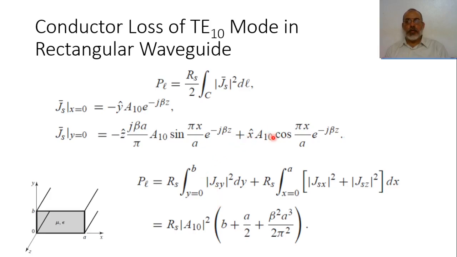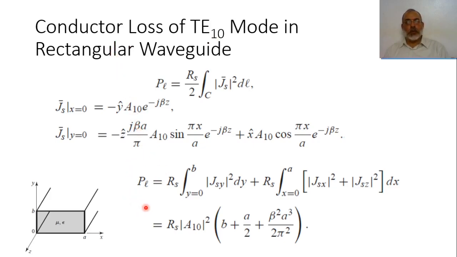The other term would be a over 2 multiplied by beta squared a squared over pi squared, so it would be beta squared a cubed over pi squared. This actually was beta squared a squared over pi squared multiplied by a over 2. So a multiplied by a squared would be a cubed, and this is 2. So this is the power losses for the TE10 mode, or this is the conductor loss for the TE10 mode.